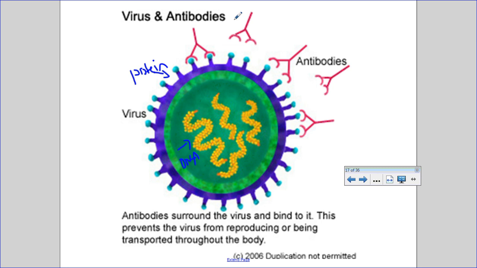Now an antibody that recognizes this particular antigen on this virus will bind to that antigen and prevent this virus from infecting a cell, and will allow it to be taken up by a macrophage and digested.